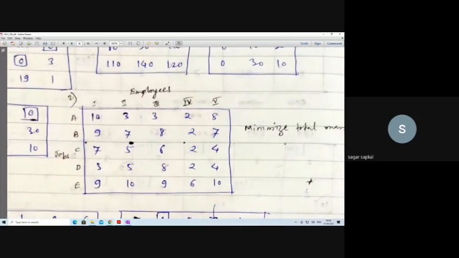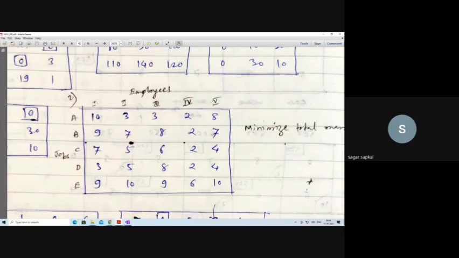Now here jobs are given row wise and employees are given column wise. That is also acceptable. Whether you write destinations row wise or column wise doesn't matter, especially in an assignment problem, because it is a square matrix only. So take down this problem, and can you solve it?